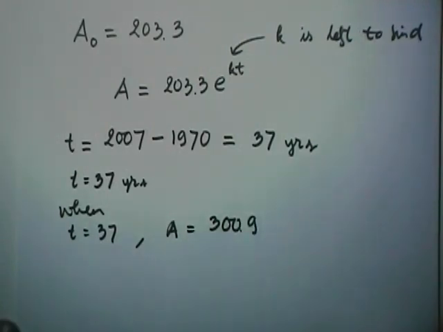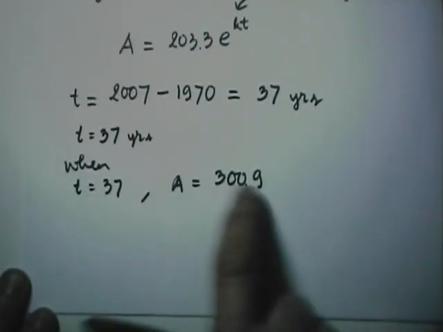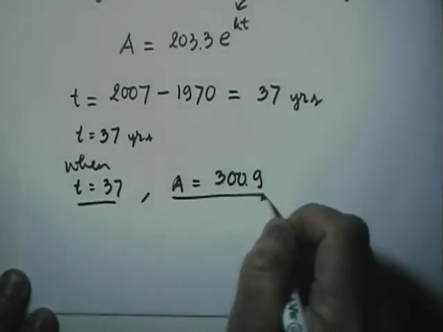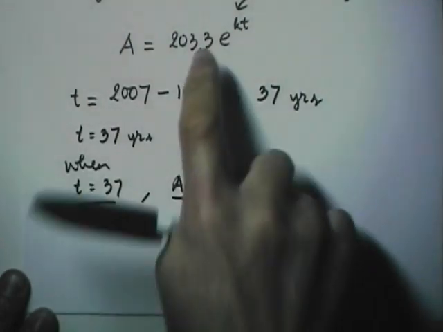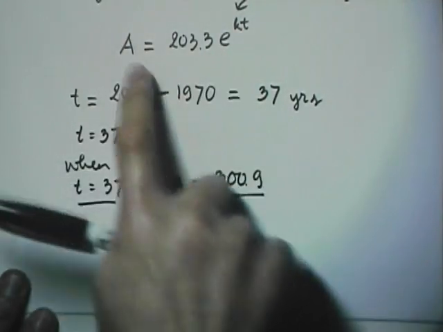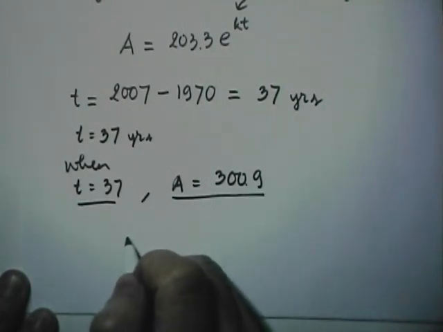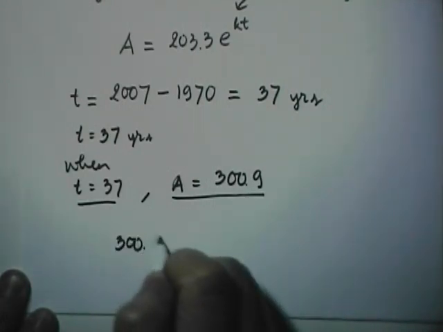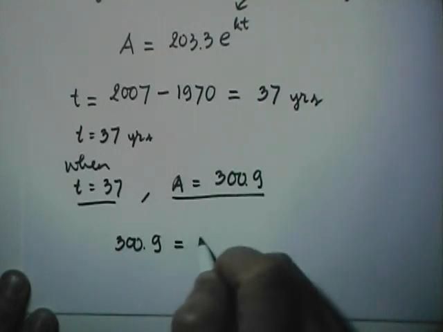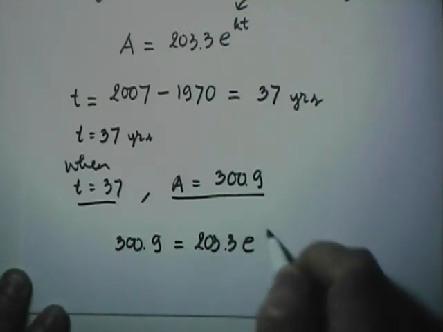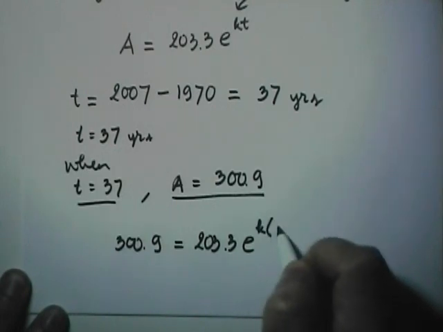So I can plug all this information, the t value and the A value, into the equation. Substituting for A on the left side, 300.9 equals 203.3 e to the k, where t is substituted by 37.